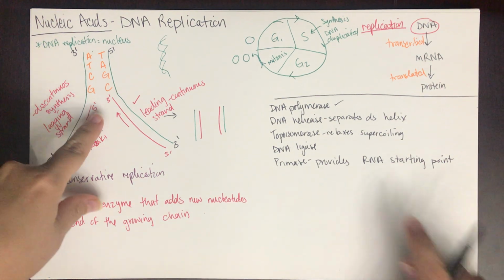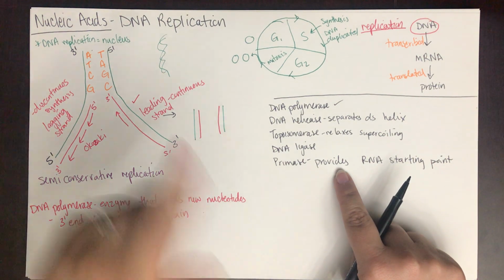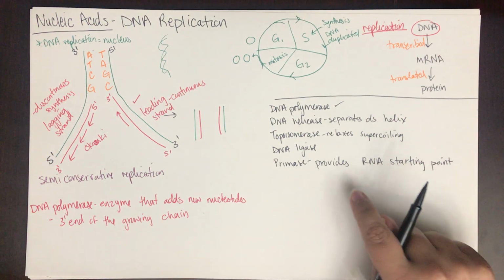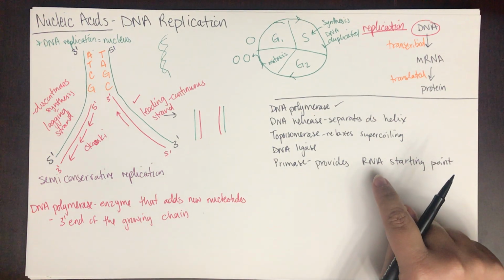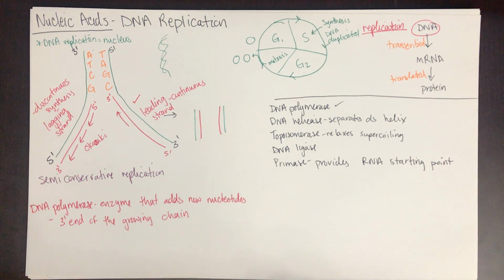DNA polymerase has to have an RNA primer, and later the enzymes will come back and remove those RNA bases that were initially started. But when we're starting DNA replication, we have to start with a primer which is made of RNA nucleotides.